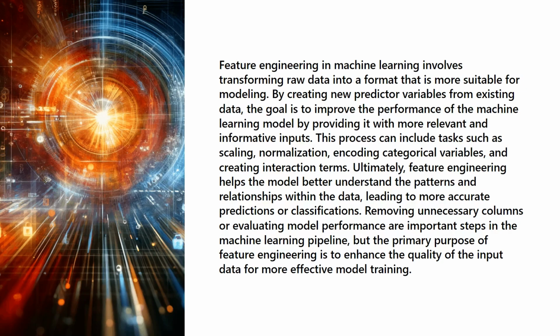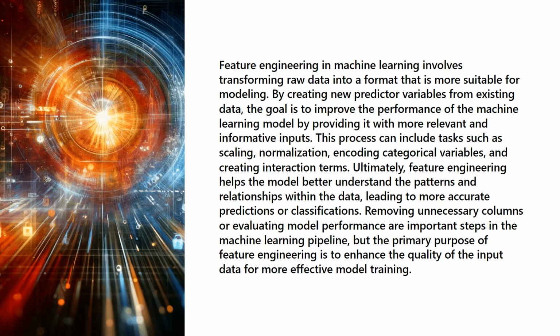Feature engineering in machine learning involves transforming raw data into a format that is more suitable for modeling. By creating new predictor variables from existing data, the goal is to improve the performance of the machine learning model by providing it with more relevant and informative inputs. This process can include tasks such as scaling, normalization, encoding categorical variables, and creating interaction terms.